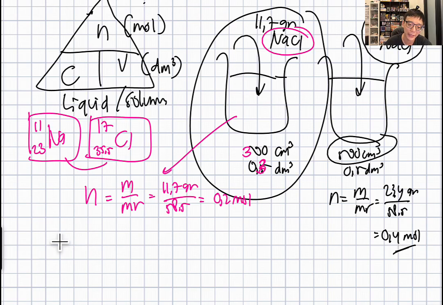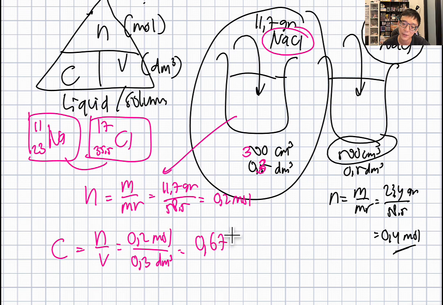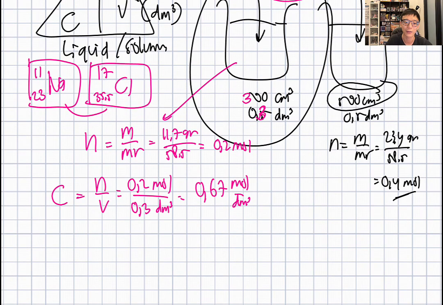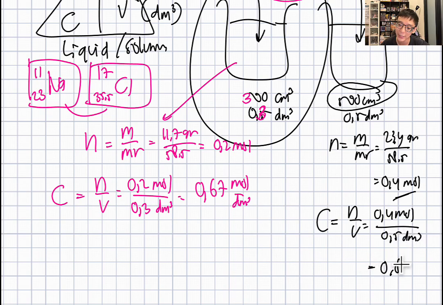Now, if we want to plug in the formula of concentration, mole over volume, 0.2 mole divided by 0.3 decimeter cube gives 0.67 mole per decimeter cube on the left glass. While on the right glass, the concentration would be mole over volume, 0.4 mole divided by 0.5 decimeter cube, meaning that we have 0.8 mole per decimeter cube.